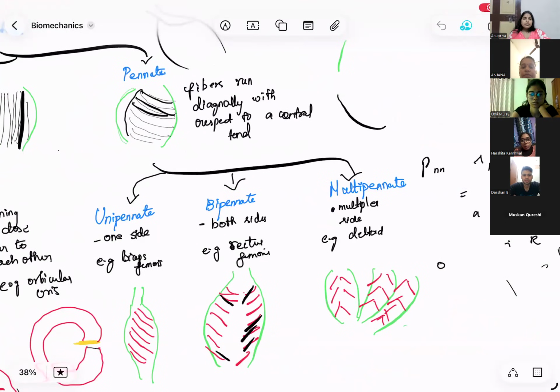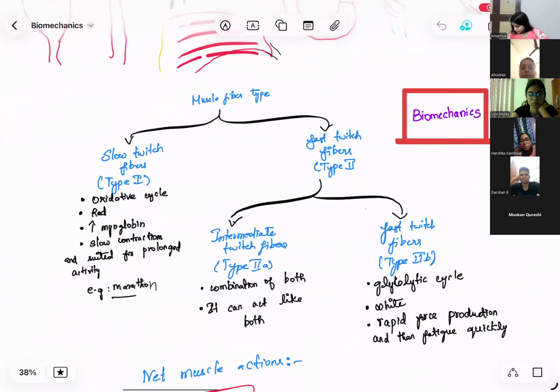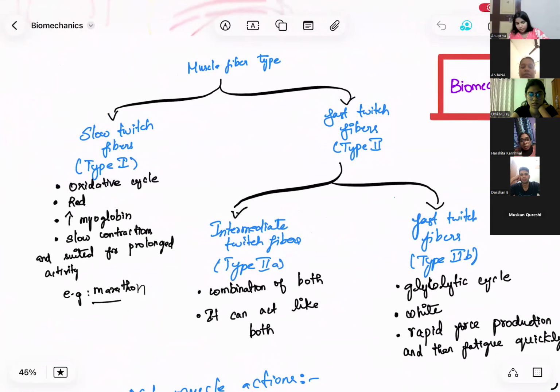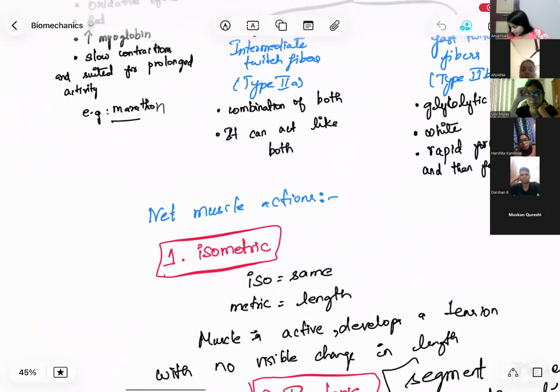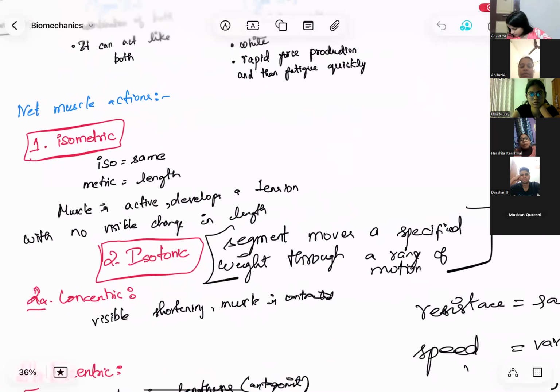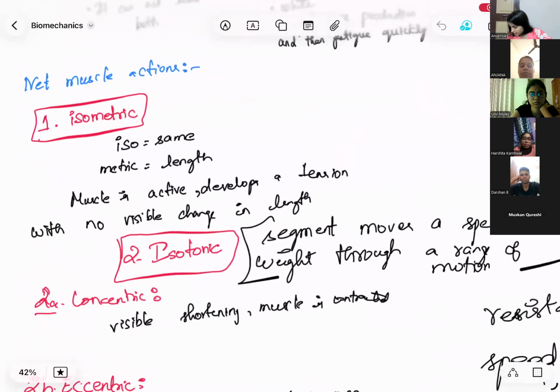Three, two, one. So again, wait a minute, guys. Let me just zoom out a bit. Three, two, one. Wait a minute. Yeah, please go for it.